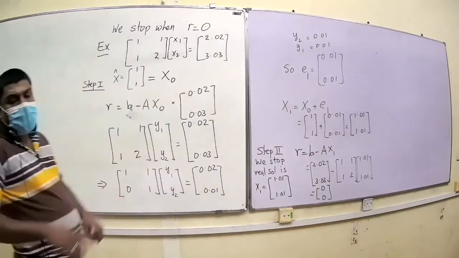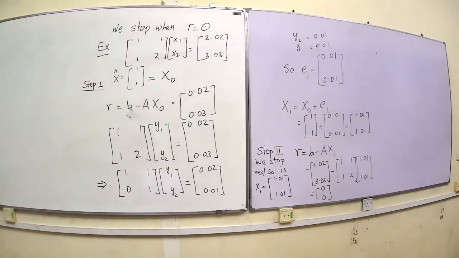So the real solution is 1.01, 1.01, which is x1. So this is an improvement of the computed solution. So this is called iterative improvement.